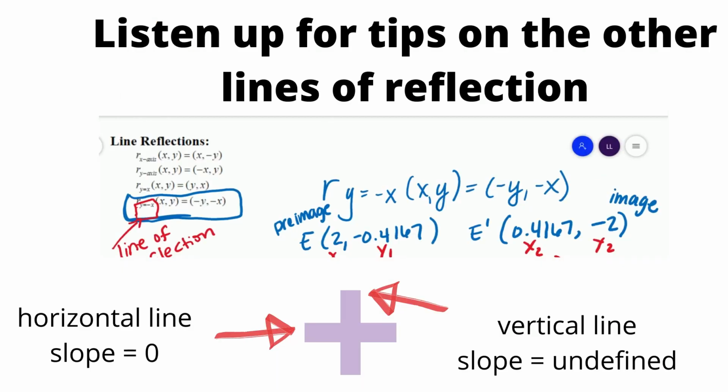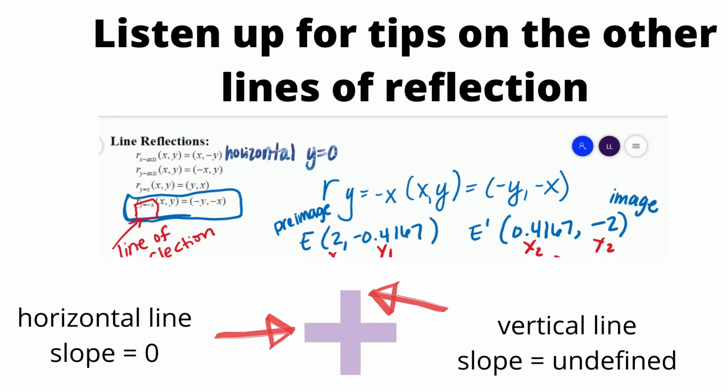Let's look at the slope of the other lines up here. The x-axis is a horizontal line, and that line is y equals 0.